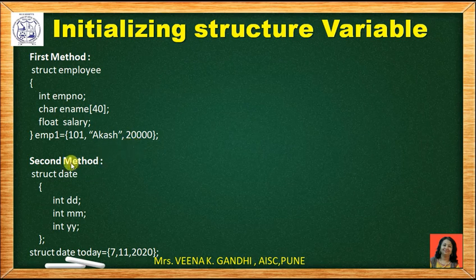Now, in the second method, we create the structure date having members dd, mm, yy and give a semicolon. After that, we create the variables. Suppose struct date today. Today is a variable of type struct date, initialized with 7 as the day, 11 as the month, and 2020 as the year.